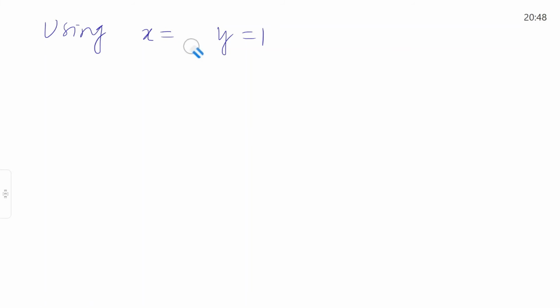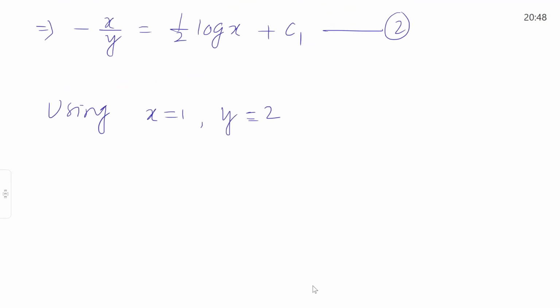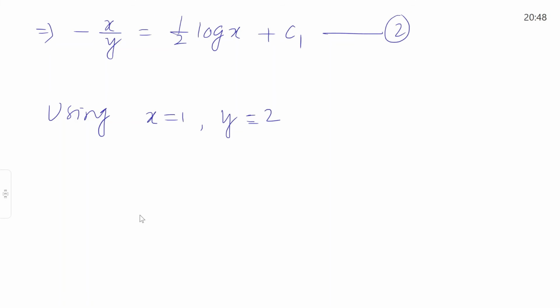Mistake here: using x is equal to 1, y is equal to 2, I will use this in this equation. So therefore in 2, at x is 1, y is 2, it is minus 1 by 2 is equal to log of 1, which will be 0, so c1 is equal to minus half.